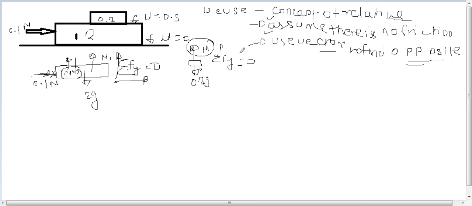Now guys, the notable thing here is that this 2 kg block will move in this direction, and this will be stationary.